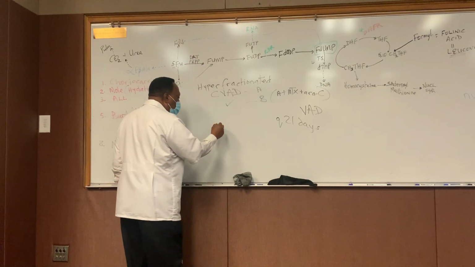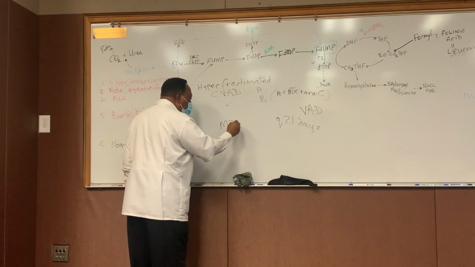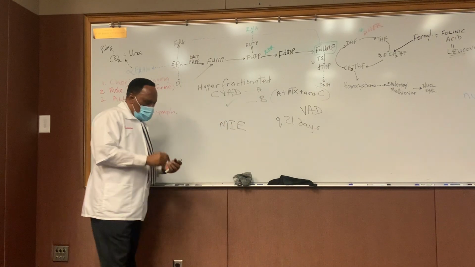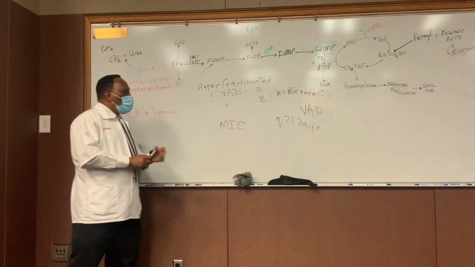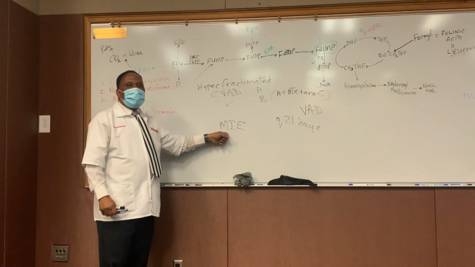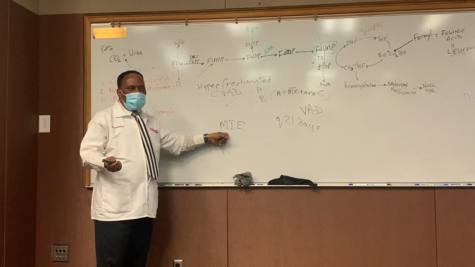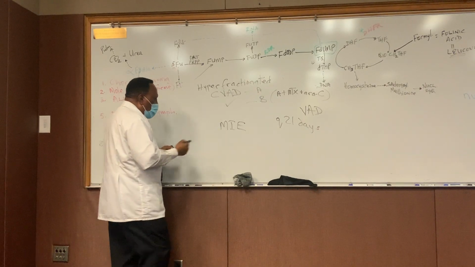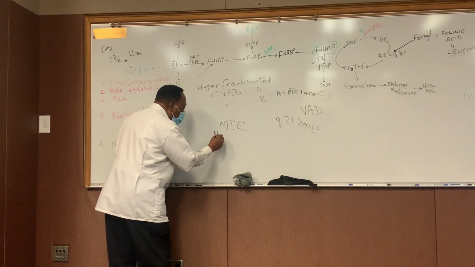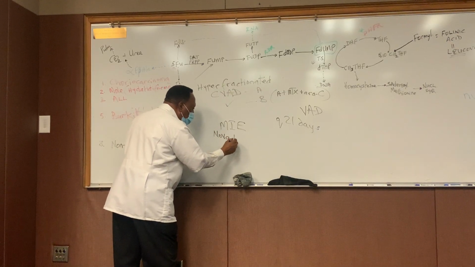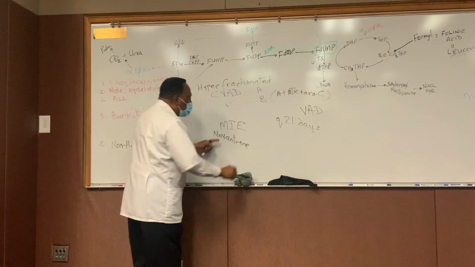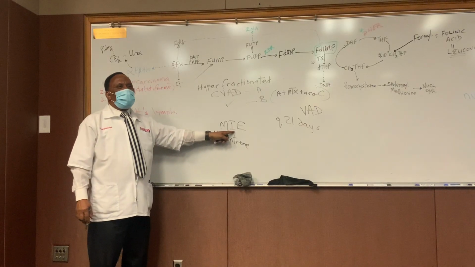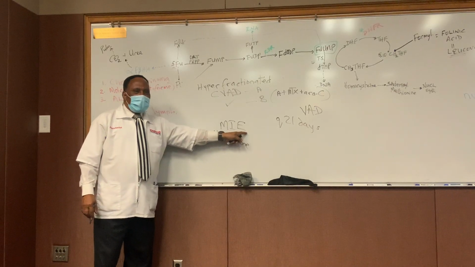There's a regimen that is called MIE, which basically is mitoxantrone. That's Novantron. So mitoxantrone, then ifosfamide, and then etoposide.